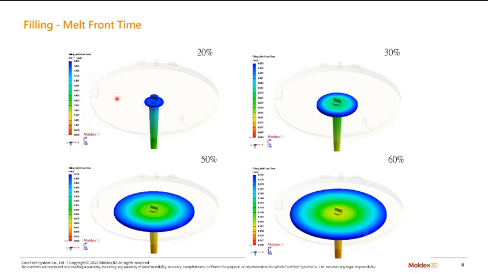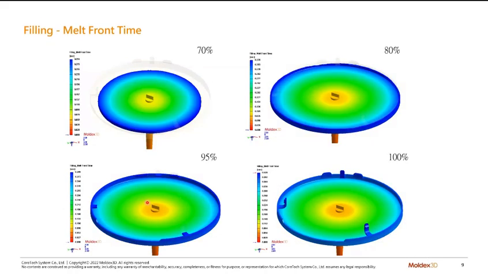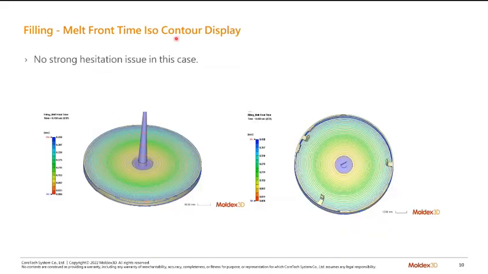So they think maybe this is caused by the flow. They checked the melt front time, but as we can see here, it looked quite smooth, so it doesn't show any hesitation issues. We can also use the ISO contour display method to check the lines in between.